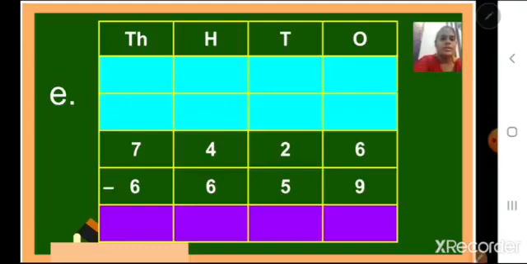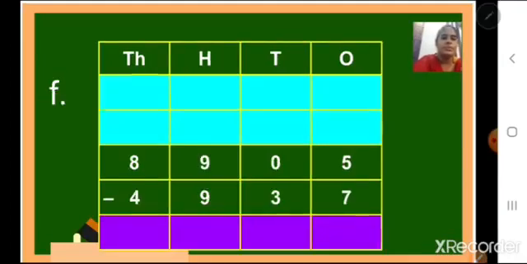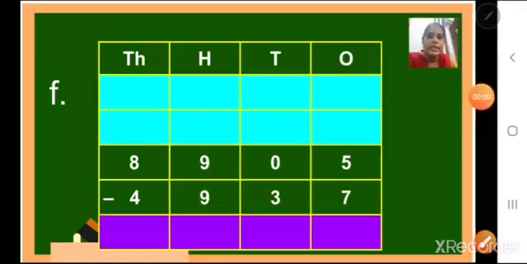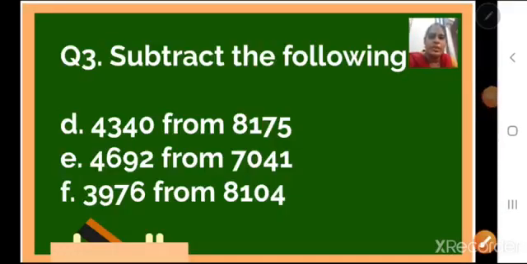E sum: 7426 minus 6659. F sum: 8905 minus 4937. Then question number 3, subtract the following.